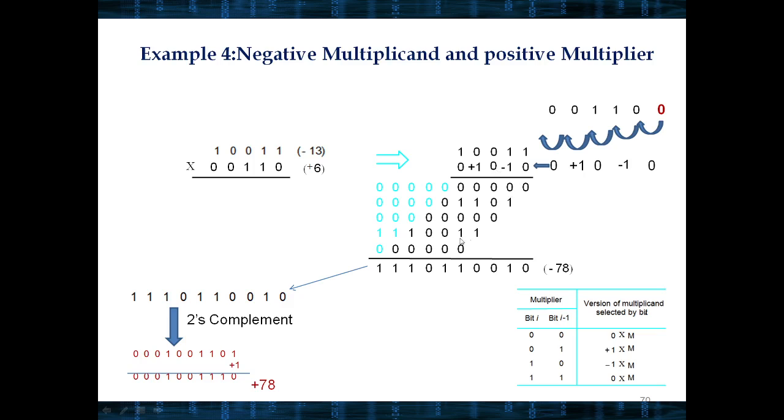Then find the product. The product we got here is minus 78. Minus 13 into plus 6 is minus 78. When you take the 2's complement of this product value, you will get plus 78.